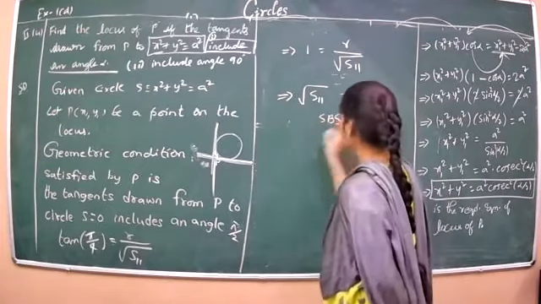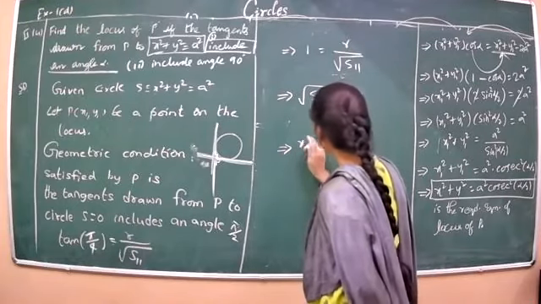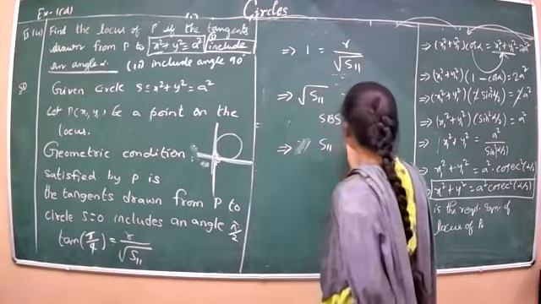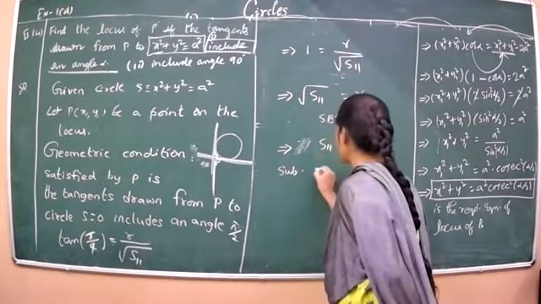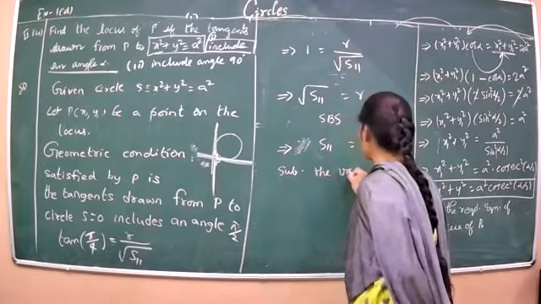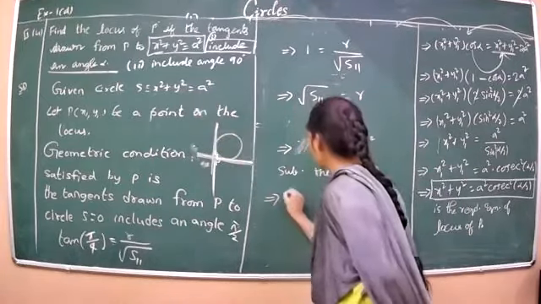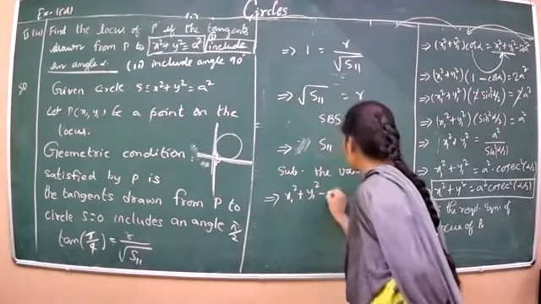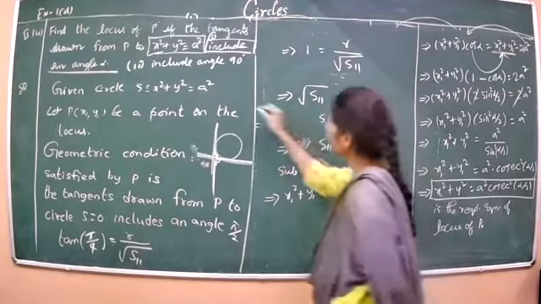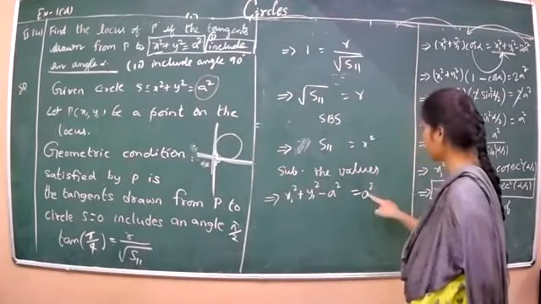Squaring on both sides. What is root S11? Squaring on both sides, S11 is equal to R square. Substituting the values. What is S11, children? x1 square plus y1 square minus a square is equal to, what is the radius of the circle? a square. So R square is a square.